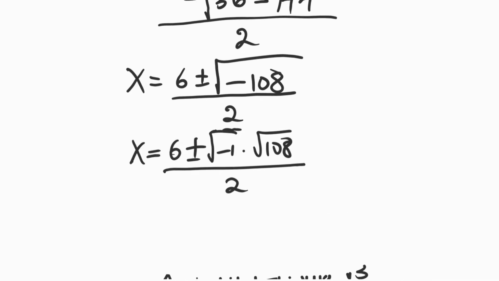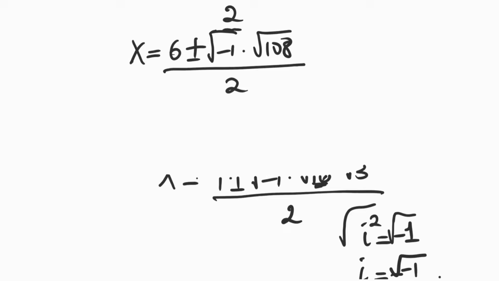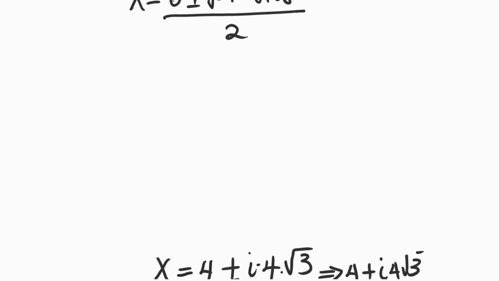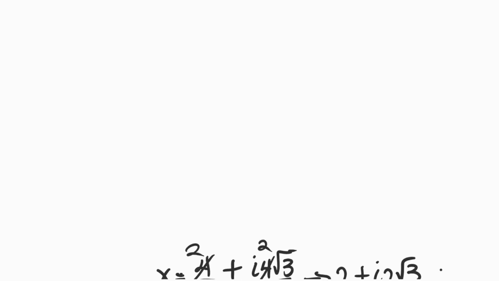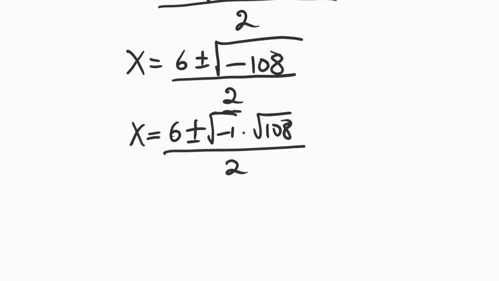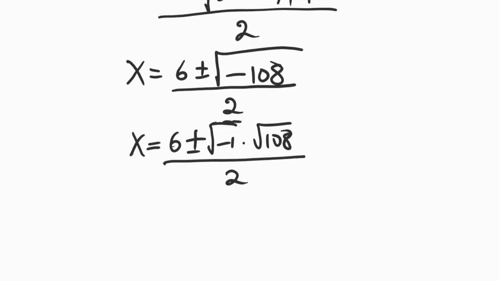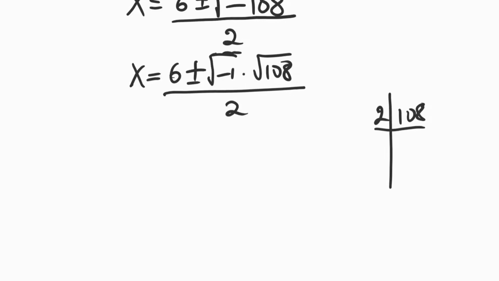Now, if we carry on with what we have here, we have that 108 divided by 2 would be 54. 54 divided by 2 is 27. 27 divided by 3 is 9. 9 divided by 3 is 3. 3 divided by 3 is 1.